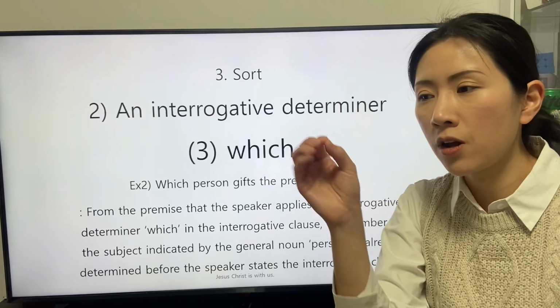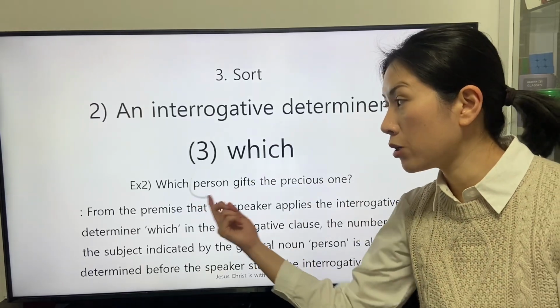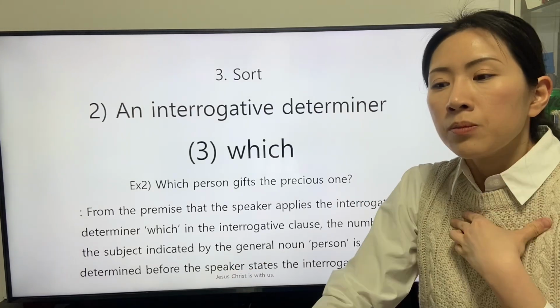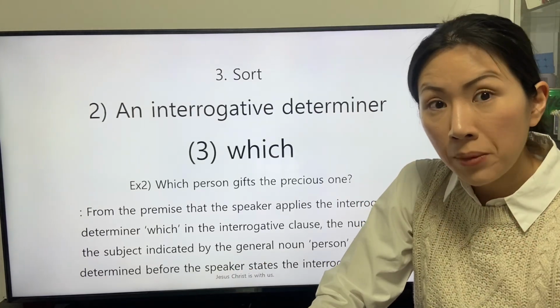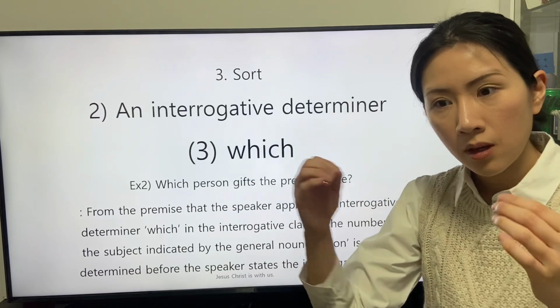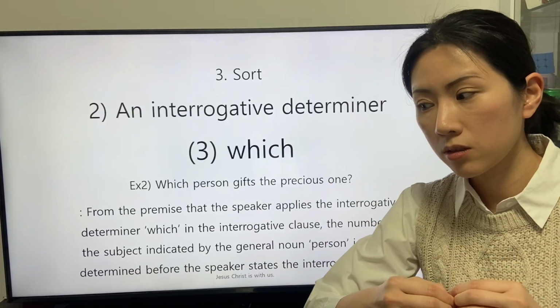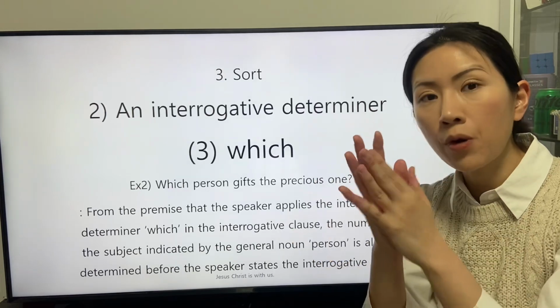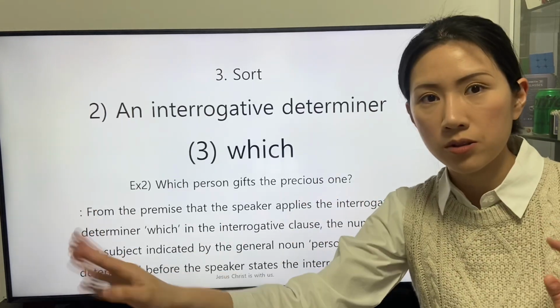The unit of the subject indicated by the general noun person is agreed in the linguistic group. The number of the subject is set as the premise by the speaker before the speaker states the clause.